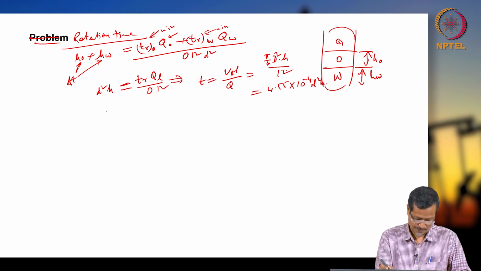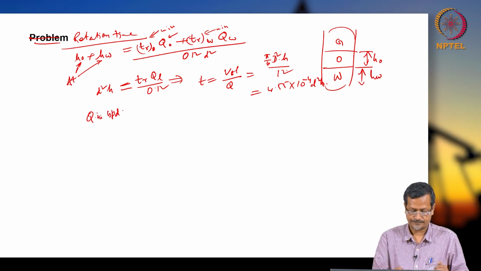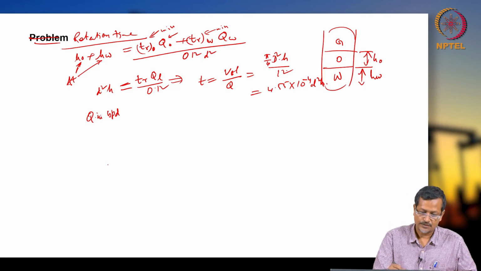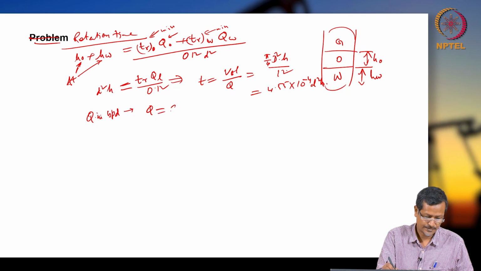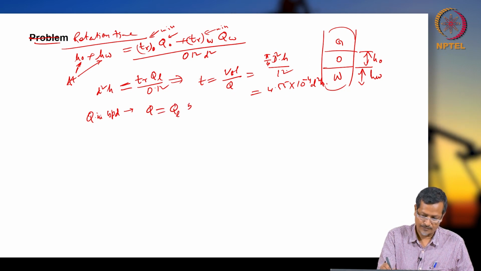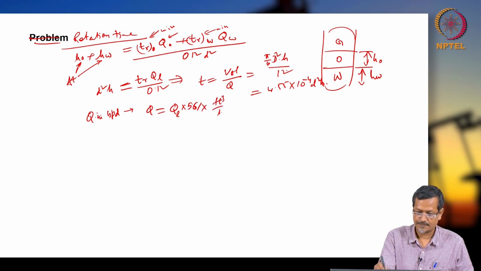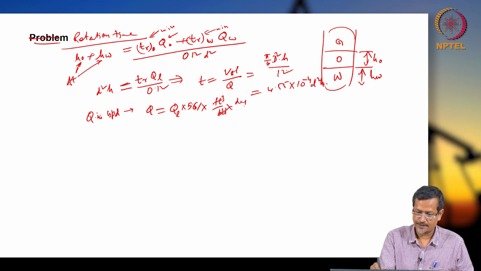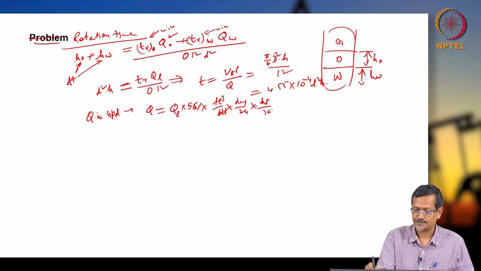Okay, now Q in BPD. It will be giving Q equals Q liquid into 5.61, cubic feet per barrel, into barrel per day, per 24 hours by 3600.